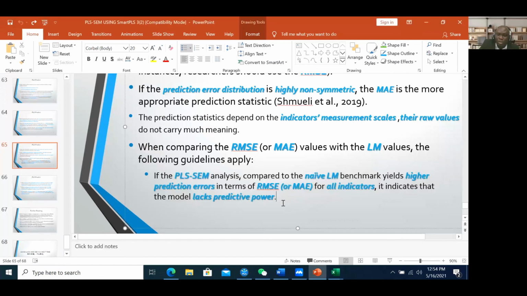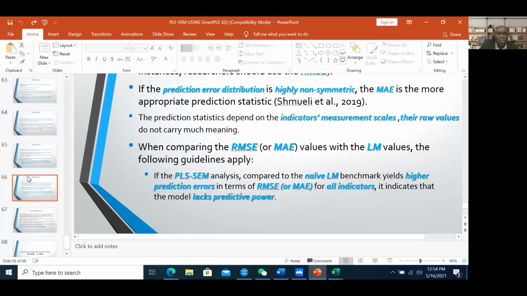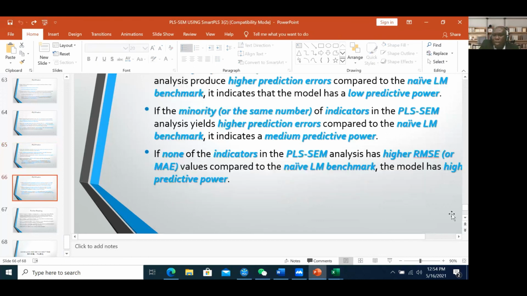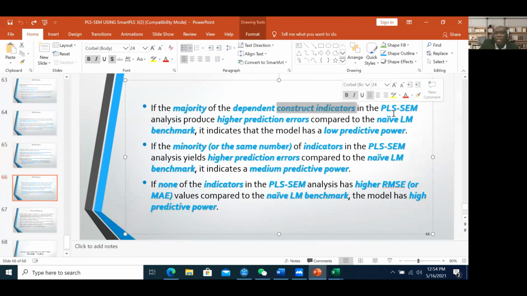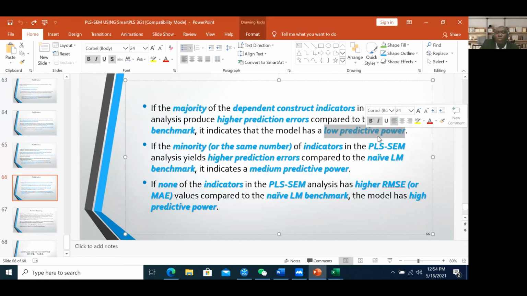So there's a potential, it means that we rule out this one. Now let's see the next one. If the majority of the dependent construct's indicators in the PLS analysis produce higher prediction error compared to the naive LM benchmark, it indicates that there's low predictive power.